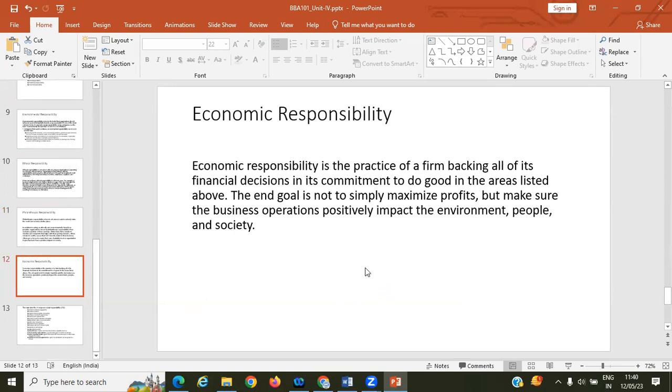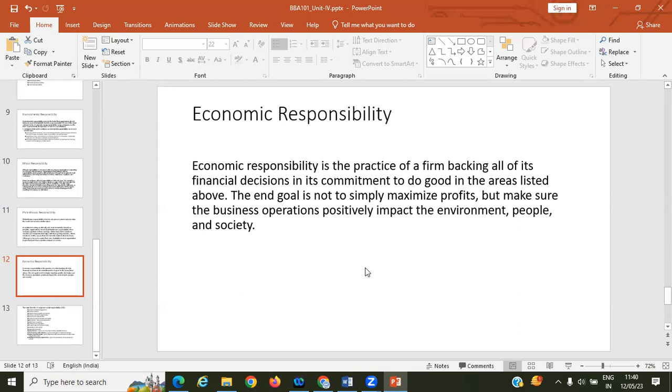Economic responsibility. Economic responsibility is one practice. Suppose I will give you an example. You are thinking your firm to develop economically, financially. So what you have to do? You have to enhance your product, enhance your factory, enhance your plant, increase.